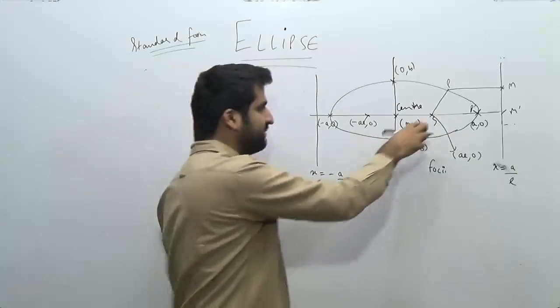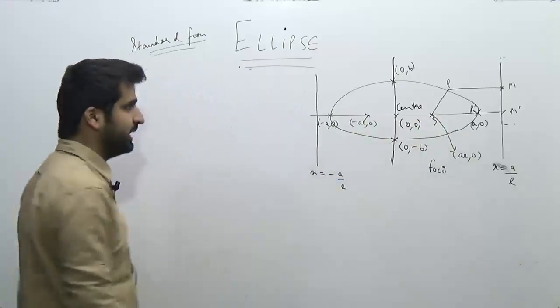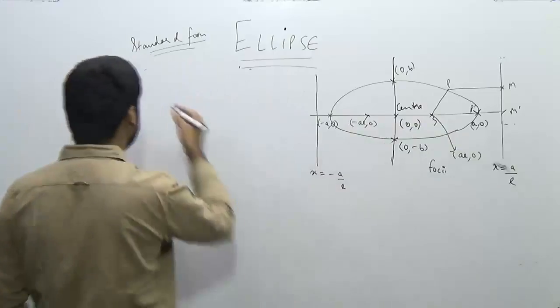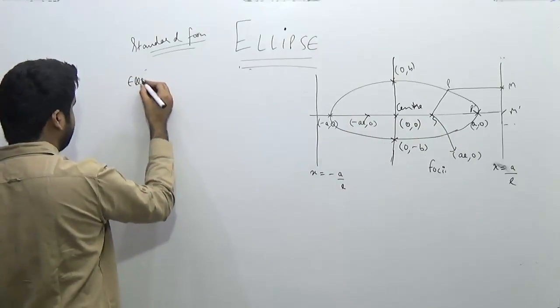So now I'll try to derive the result for the equation of this ellipse. But before that, let's first discuss the definition of ellipse.